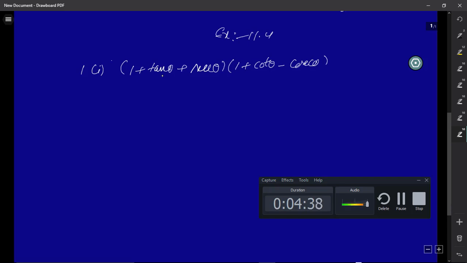Now I have told you we either make use of trigonometric identities or else we convert each trigonometric ratio in the form of sine or cos.